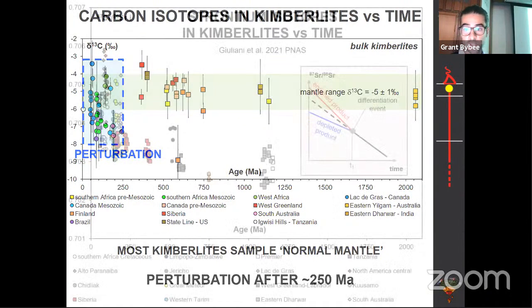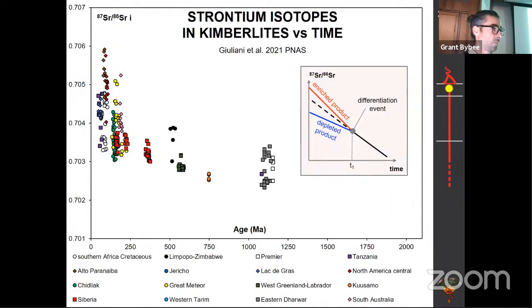So for this reason, I switch back to radiogenic isotopes for a moment. This is now strontium isotopes versus time, and these are again a bunch of kimberlites. Strontium isotopes of perovskite, so a groundmass magmatic phase, not bulk rock, just to make sure that there are no problems with contamination.